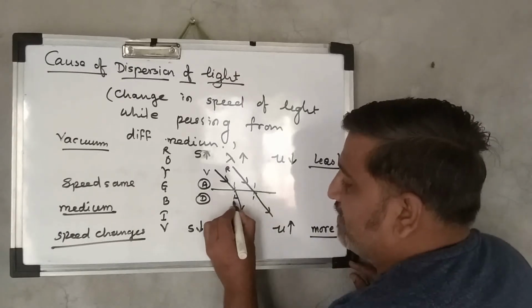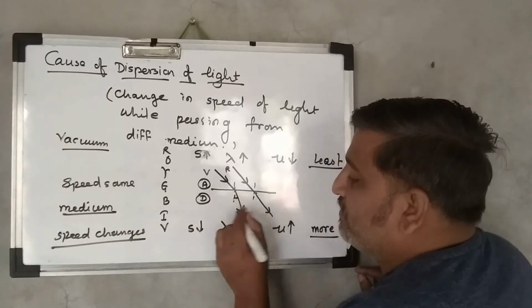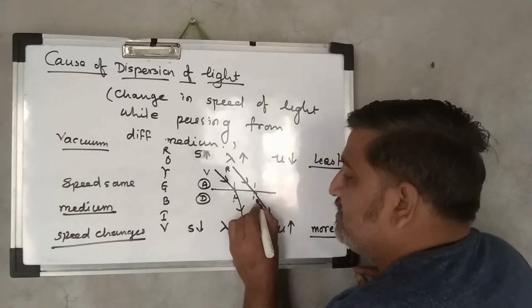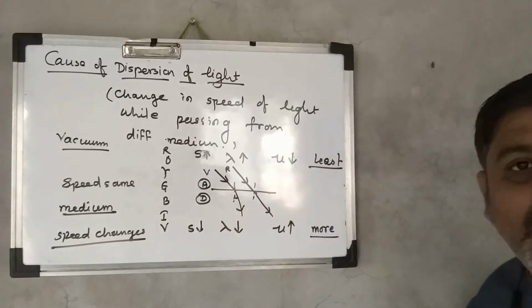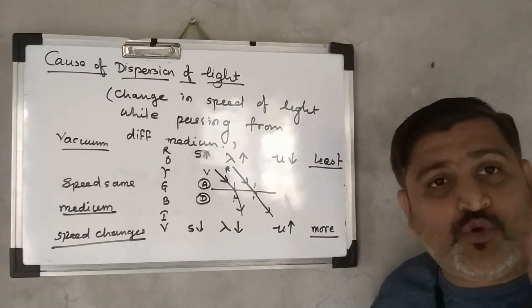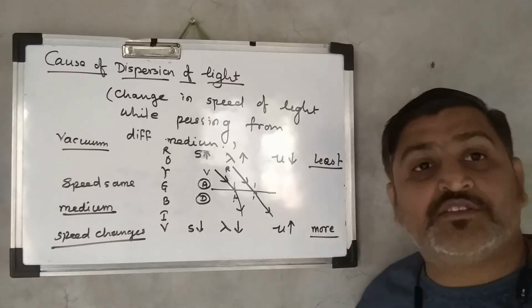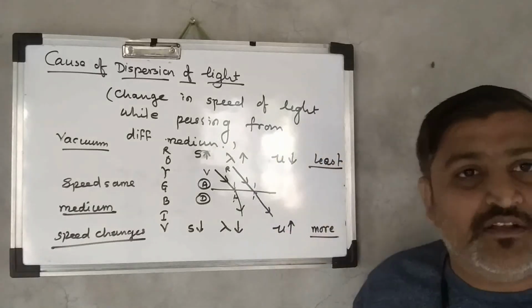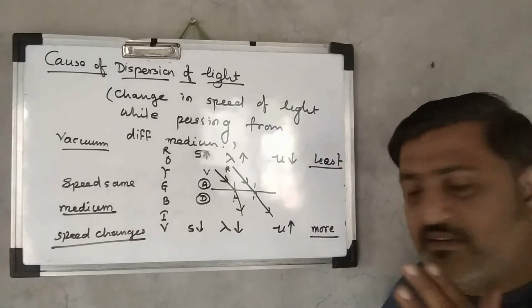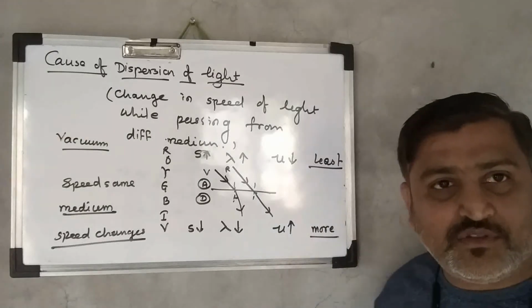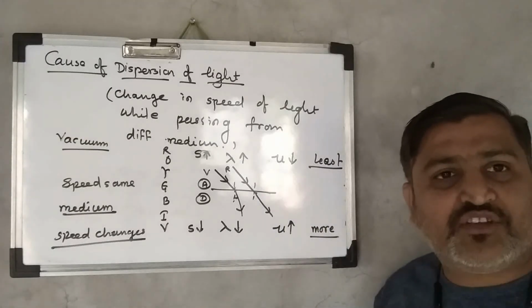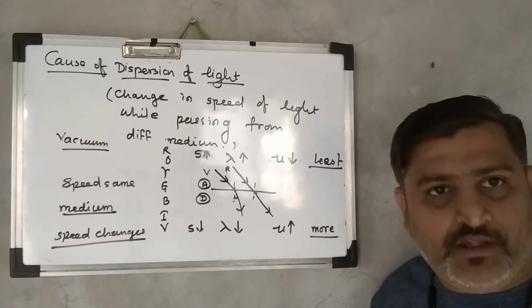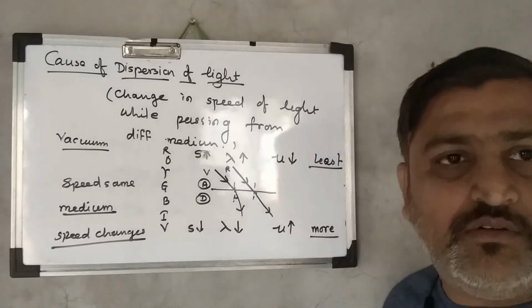The angle of refraction over here is lesser than here. So the bending shown by violet color is more and the bending shown by the red color is lesser. Okay, so this is the topic which was concluded by Newton.